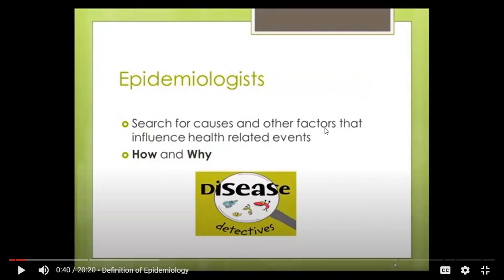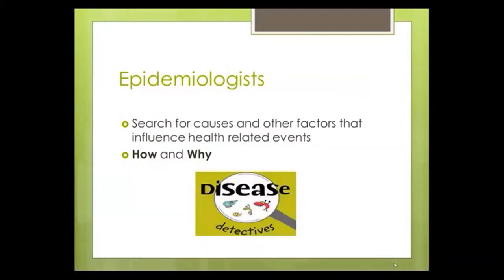You can always ask how and why, and you will get the answer. They provide the how and why of events by comparing groups with differing rates of disease occurrence, differences in demographic characteristics, genetic or immunologic makeup, behaviors, environmental exposures, and other risk factors.